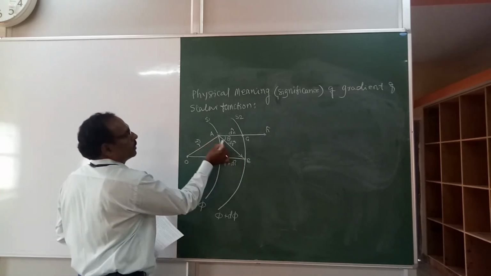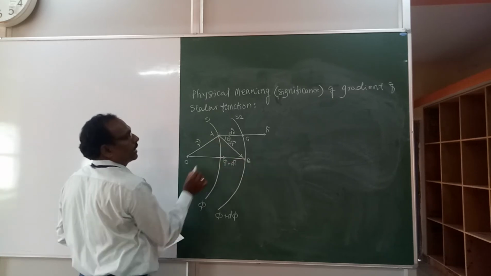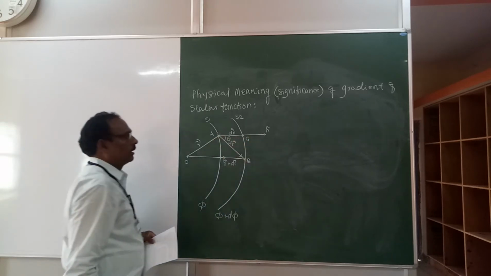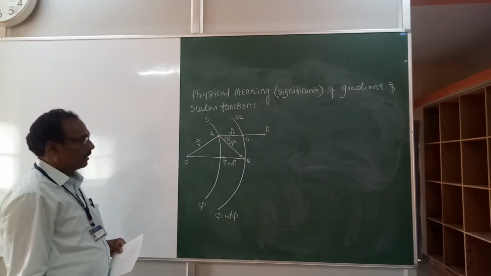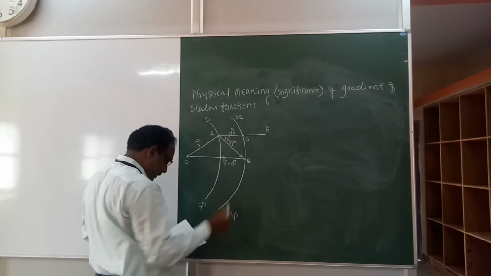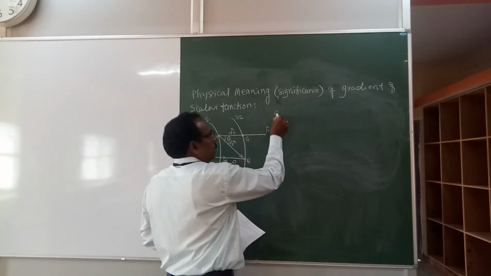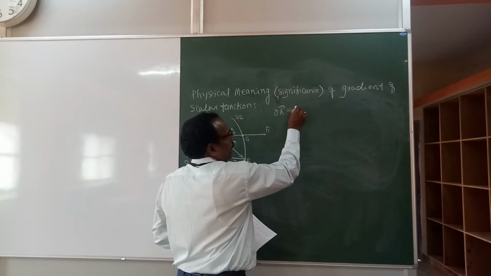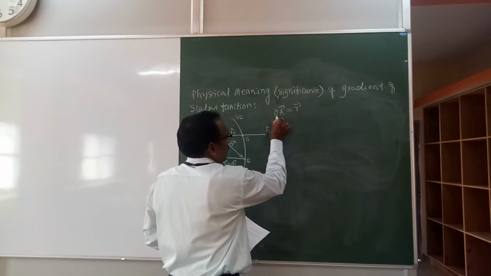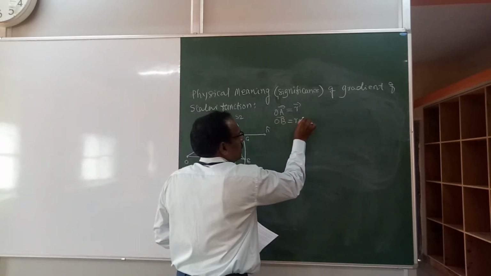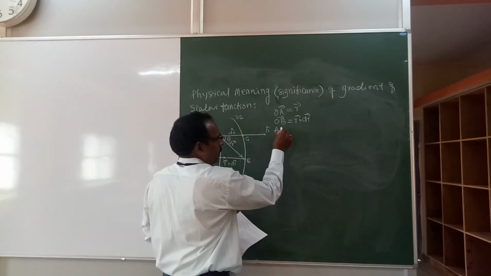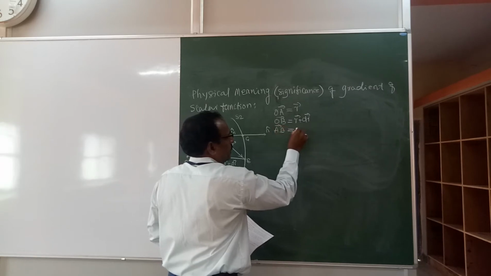We draw a line joining A and B, and it is represented by dr. I am drawing a normal at point A, represented by unit vector n, that is AC here. Let me write mathematically: OA is R, OB is R plus dr, and AB here is dr.